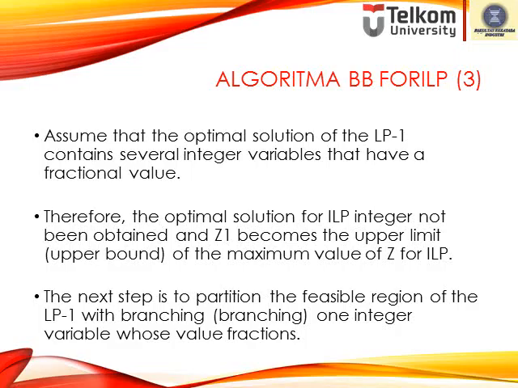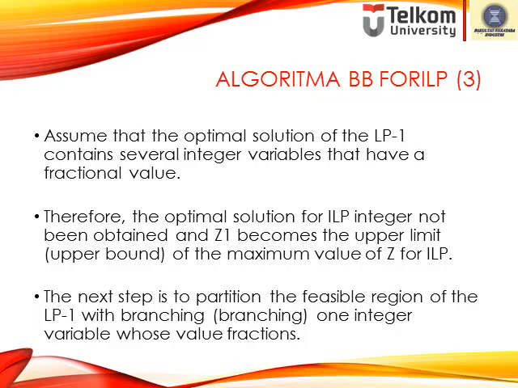Assume that the optimal solution of LP1 contains several integer variables that have a fractional value. Therefore, the optimal solution for ILP has not been obtained, and z1 becomes the upper bound of the maximum value of z for ILP.